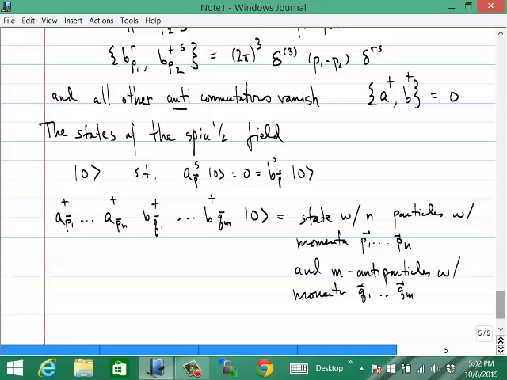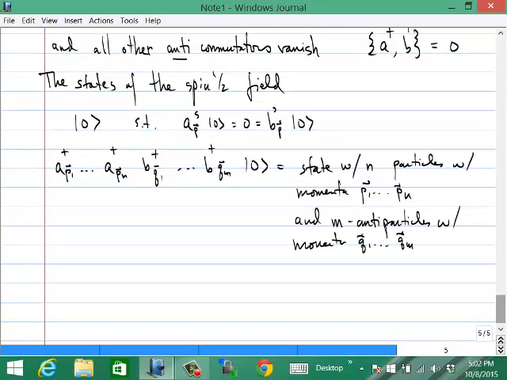But you could certainly ask what would have happened if we tried to use commutation relations instead of anti-commutation relations. And in fact, there's a very deep and important result in quantum field theory known as the spin statistics theorem.